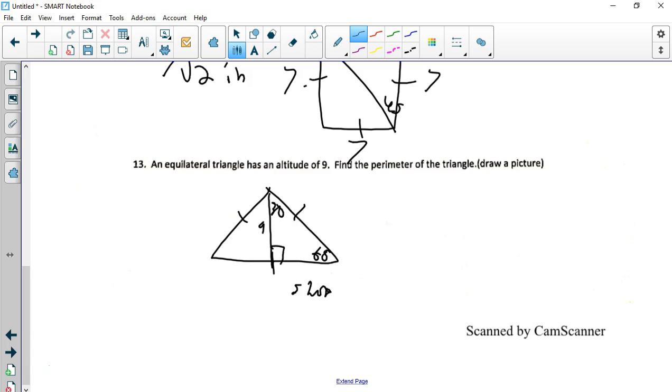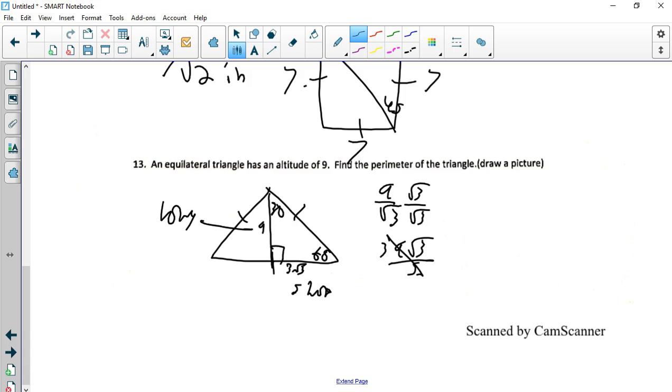My long side is right there, the altitude. So remember, going from long to short, we're getting smaller, we're going to divide by radical 3. Then we rationalize, and that gives me 9 radical 3 over 3. That simplifies right there. So that means this is 3 radical 3.